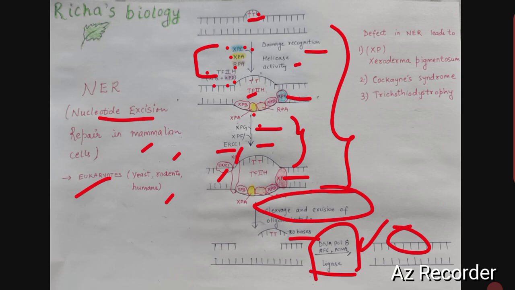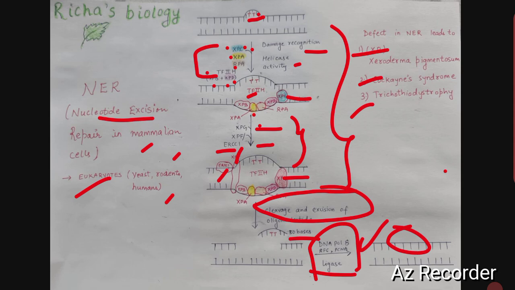Okay, so my question is, if there is a defect in the NER mechanism in our body, what kind of diseases can happen? If there is a defect in this DNA repair, which is normally occurring in our body, we can suffer from xeroderma pigmentosum, that is XP. Second is Cockayne syndrome. Third one is trichothiodystrophy.